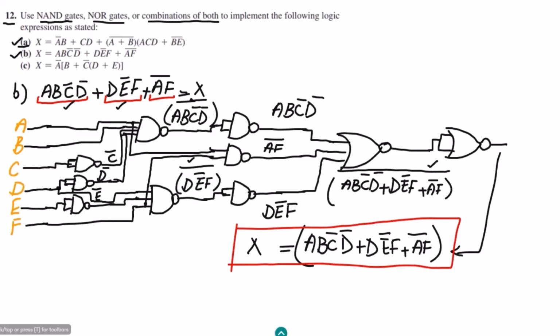So that is the solution of part B here. Similarly, you can use the same procedure to find the solution of part C as well. I am giving this part C for your own practice and I am not solving it, but this is the solution. You have to perform the same steps I have performed here.